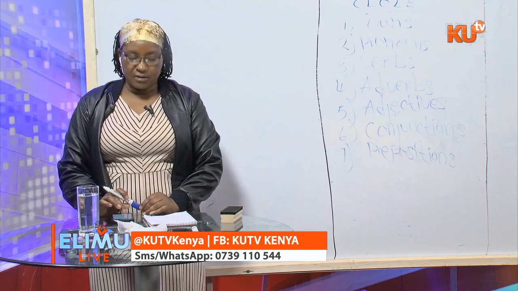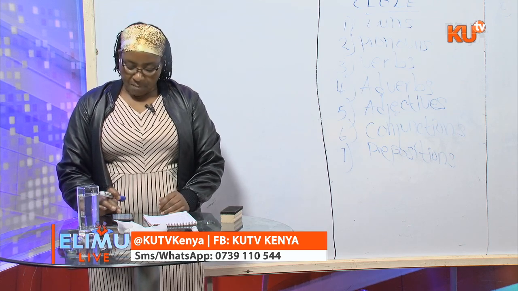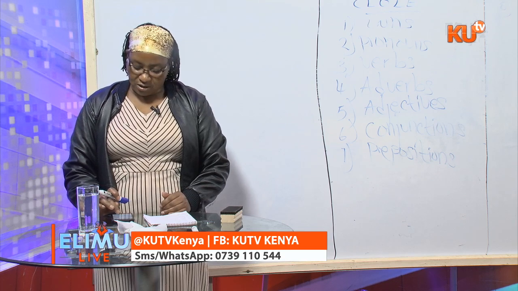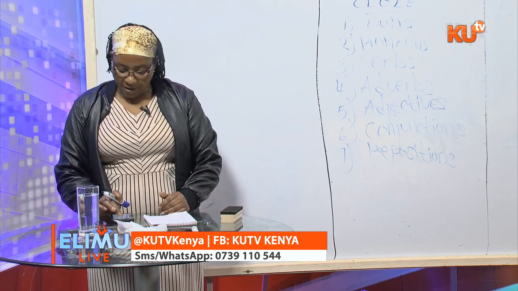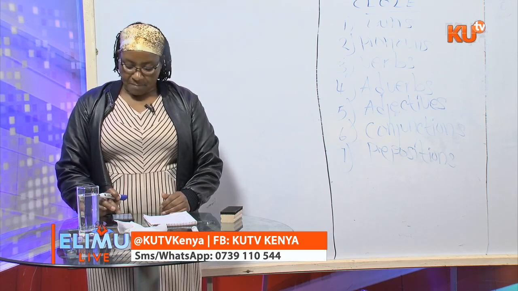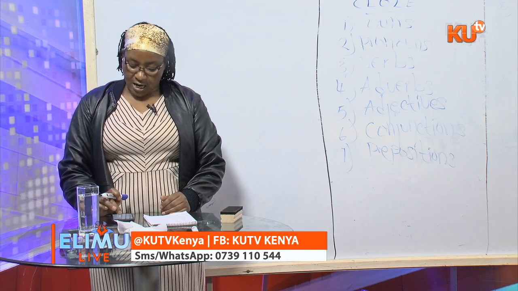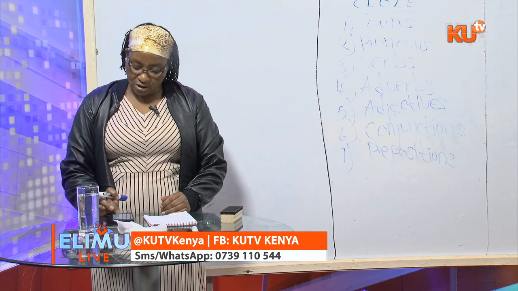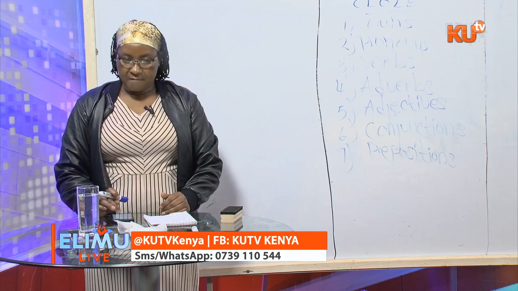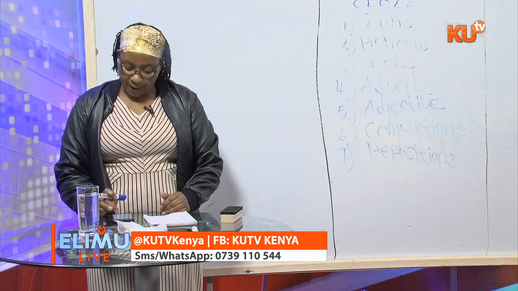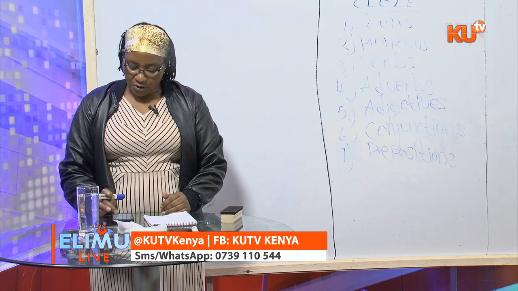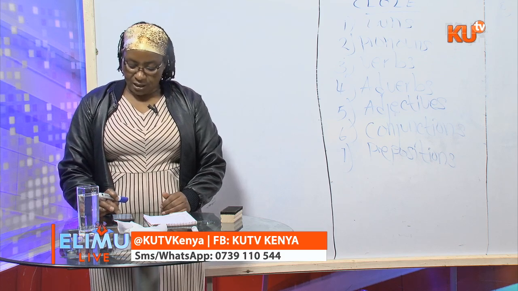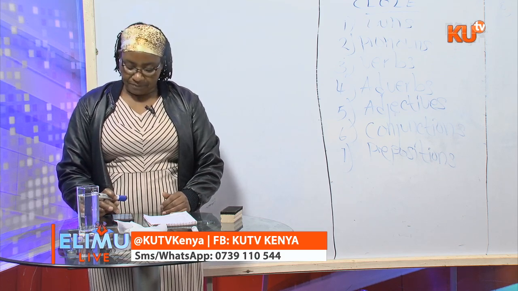Topic number 3 is transport. Number 4, occupations. Number 5, the farm. Number 6, health. Number 7, celebrations. Number 8, environment. Number 9, people in the community. Number 10, polite language.